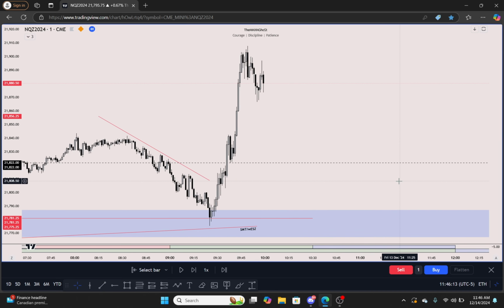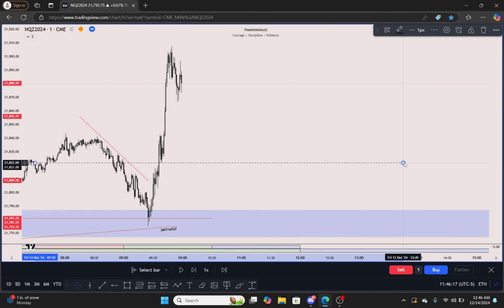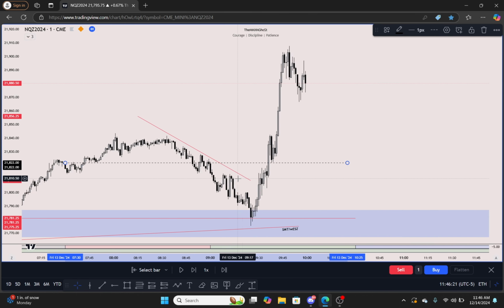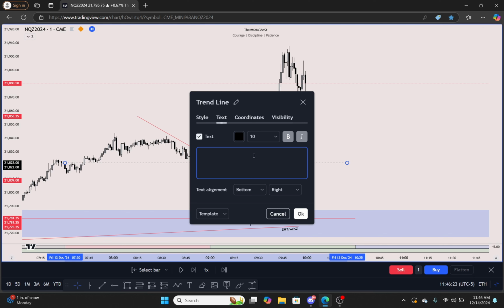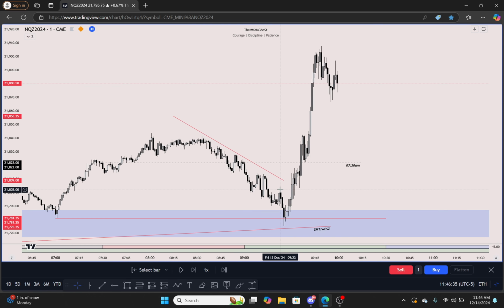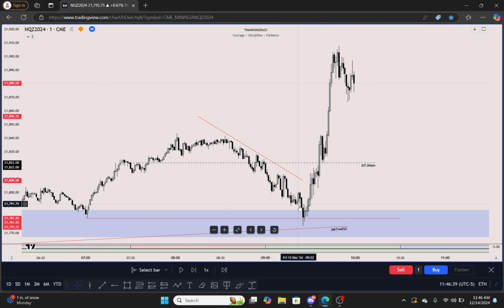And where are we? We're well below the true open being 7:30 a.m. EST. For those of you on the East Coast, I'm on the East Coast. So we see our SMT, we see our turtle soup.